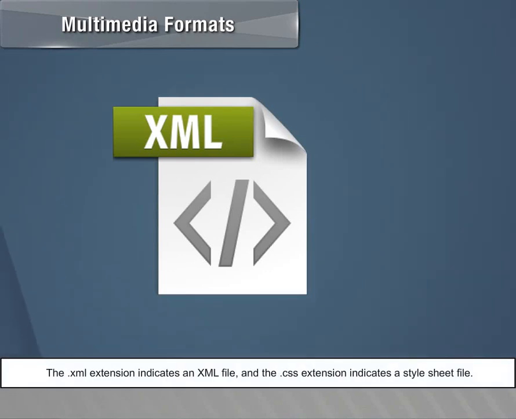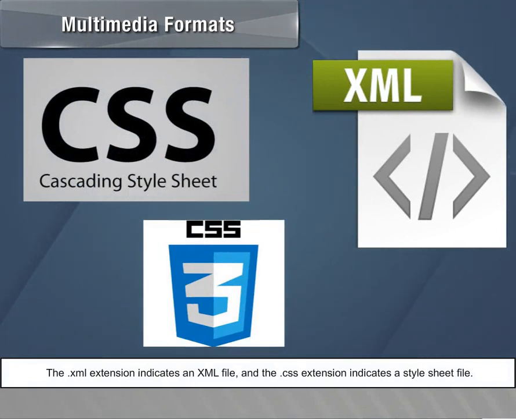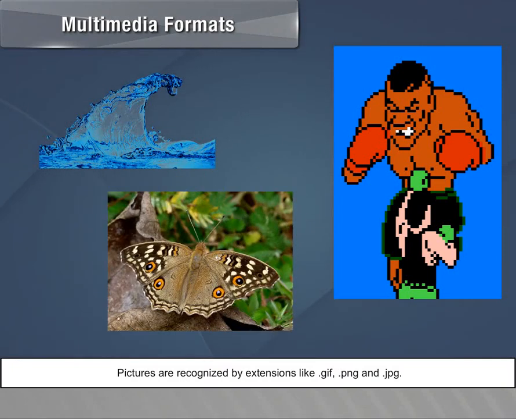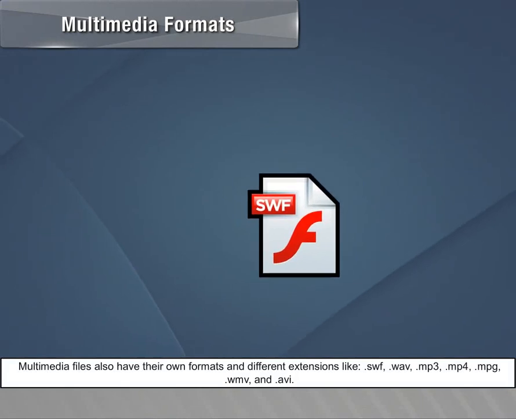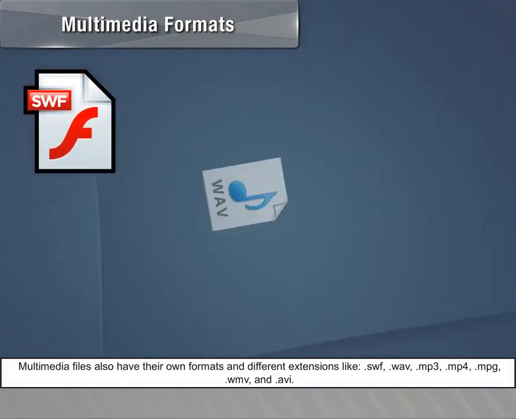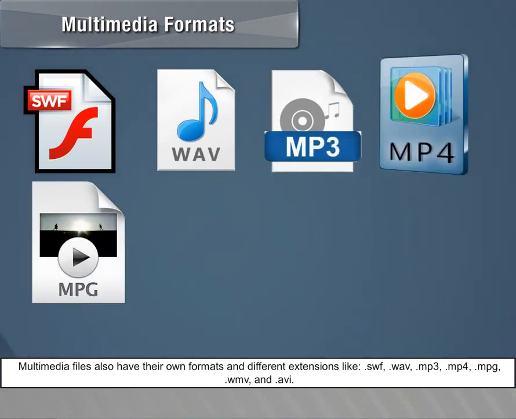The .xml extension indicates an XML file and the .css extension indicates a stylesheet file. Pictures are recognized by extensions like .gif, .png, and .jpg. Multimedia files also have their own formats and different extensions like .swf, .wav, .mp3, .mp4, .mpg, .wmv, and .avi.